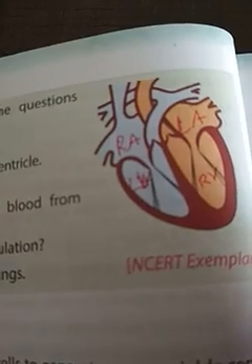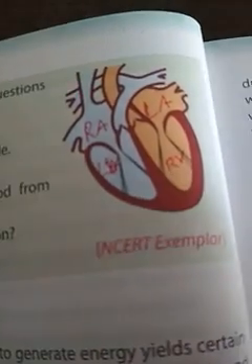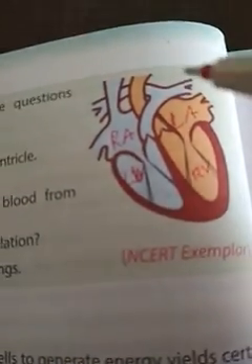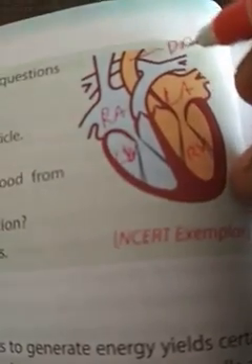So dear students, you can label it. This will be the dorsal aorta, DA.